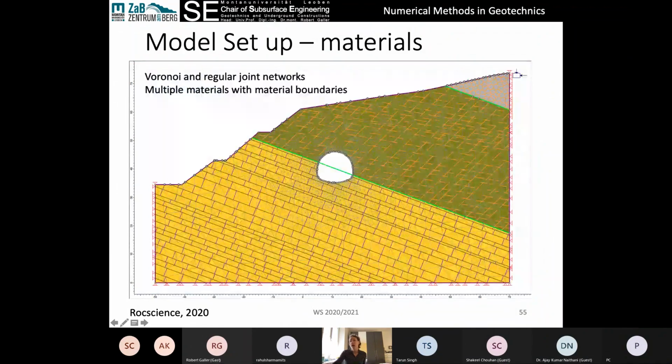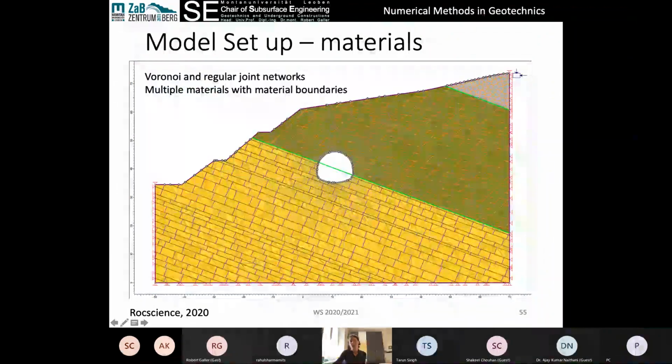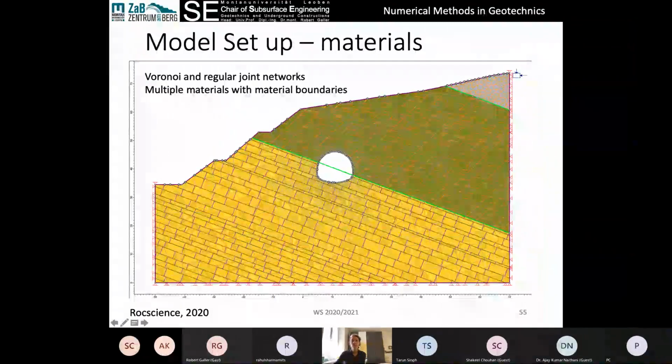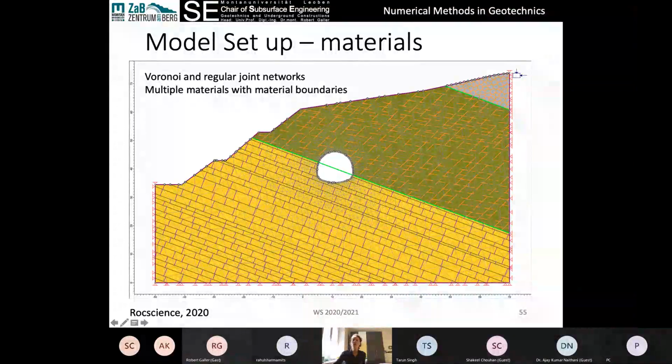If we look at a different kind of material, for example, here, maybe this is a limestone with limestone beds and then perpendicular joints. Lots of software nowadays, continuum software, is coming up with the ability to do joint networks, whether it's regular joint networks like these that are perpendicular, or these that are orthogonal to each other, or Voronoi joints, which are these here that represent a more random orientation of joints.